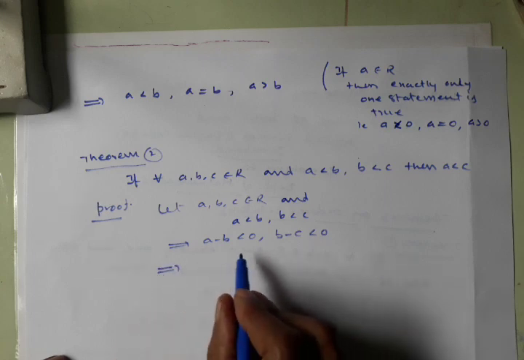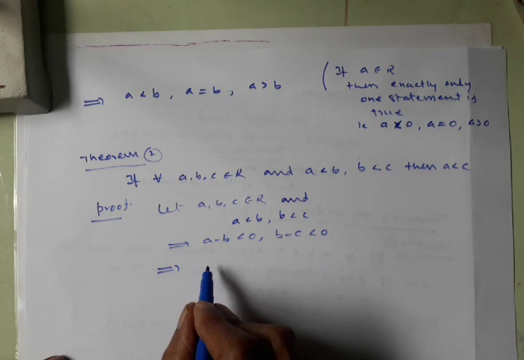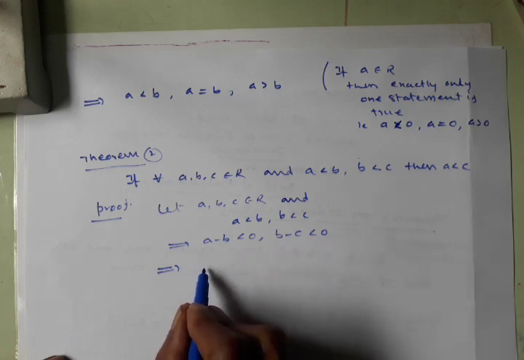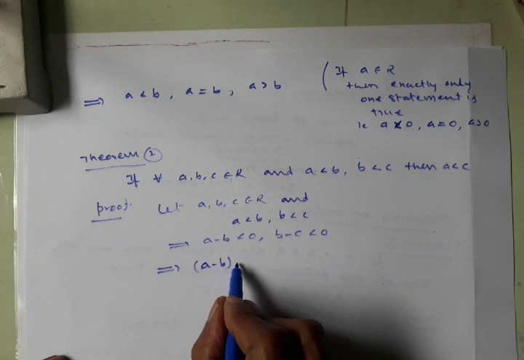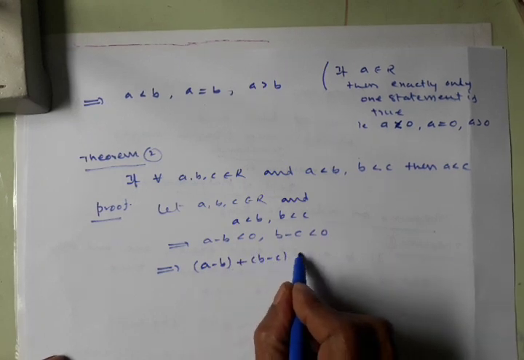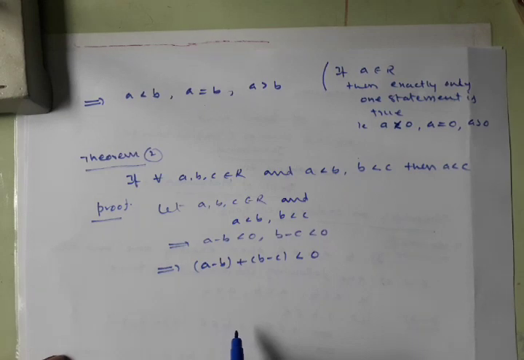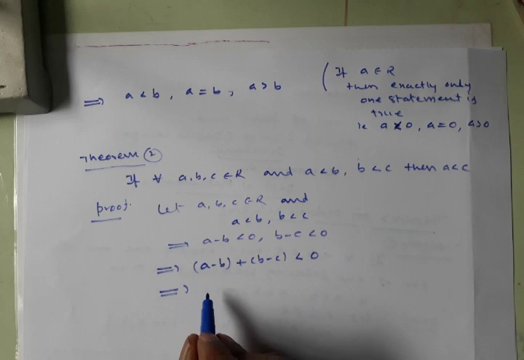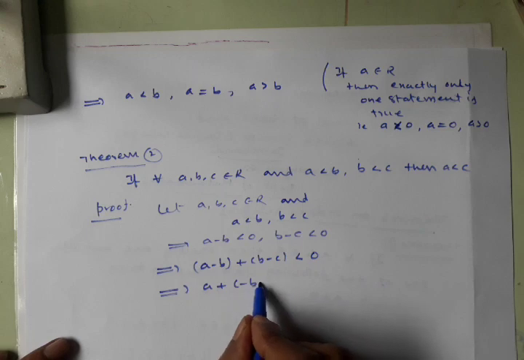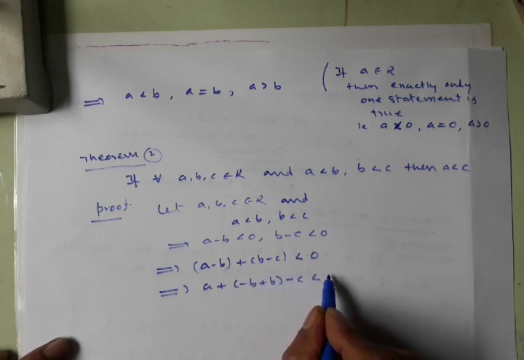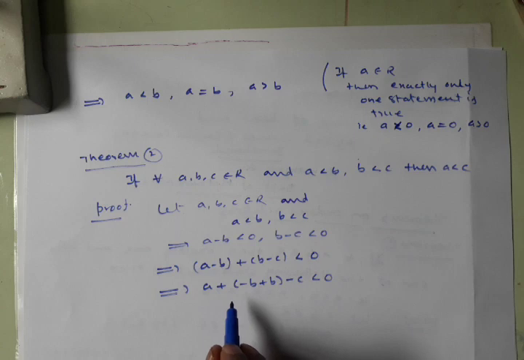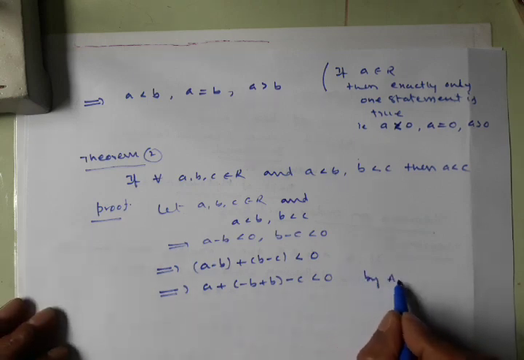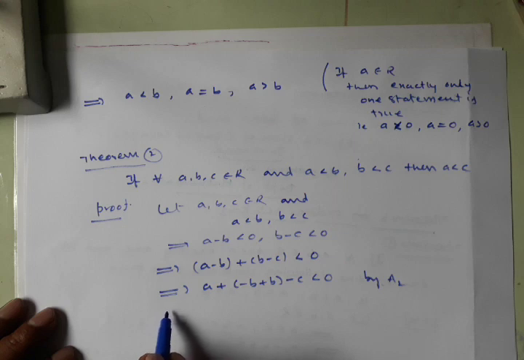Summing the left sides and similarly the right sides is also true: a minus b plus b minus c is less than 0 plus 0, which is 0. This implies a plus of minus b plus b minus c is less than 0 by A2, associative, meaning brackets can be changed.